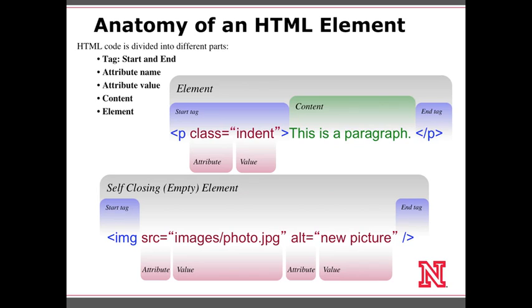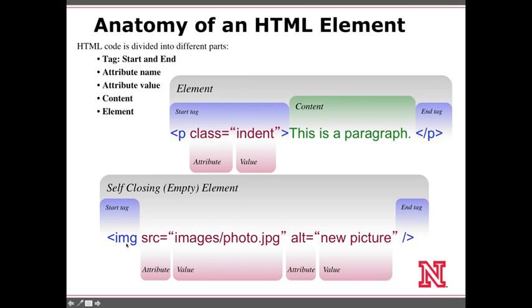And the attribute basically consists of 2 things, the attribute itself and then a value. And the attribute always must equal something in quotes. So your attribute of class equals a value of indent in quotes. Then you have your content. Then you have your end tag, which is your closing tag for the element.